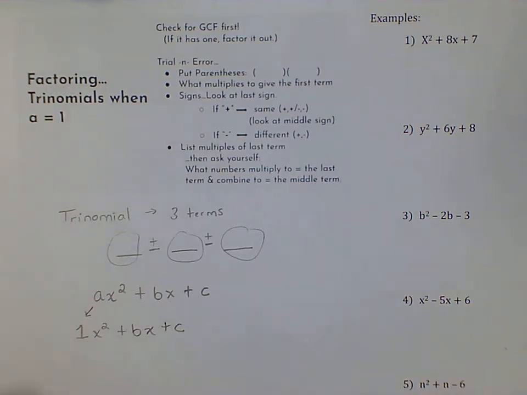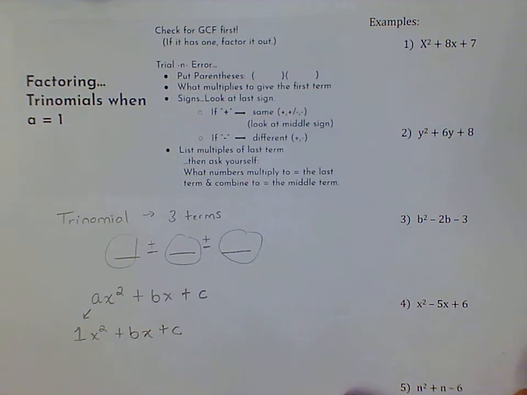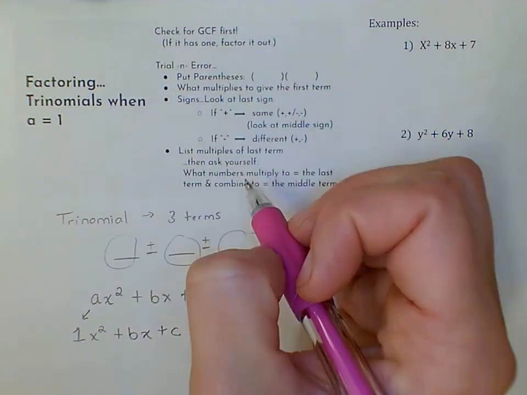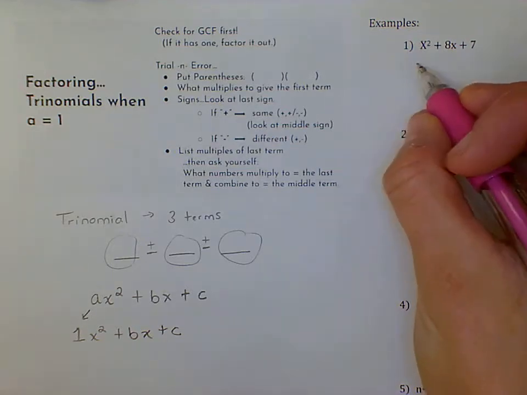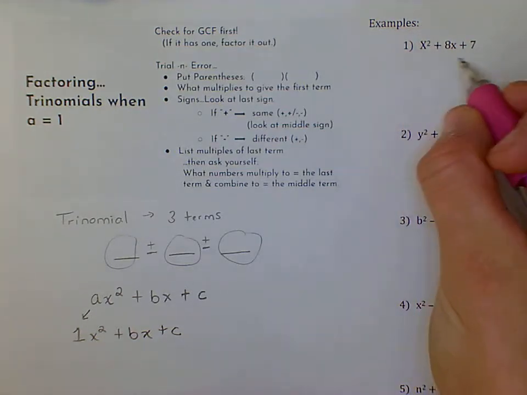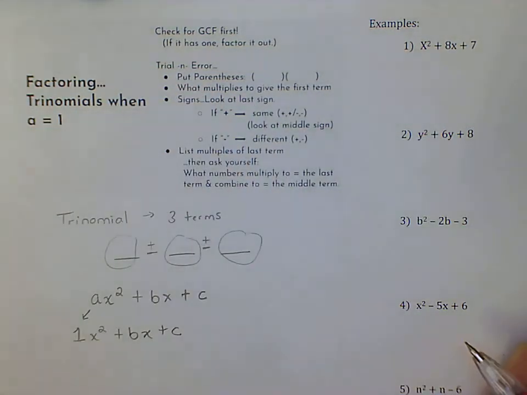Okay, so then how do you do that? So these were the notes that were in the slide that you just copied down. All I've done is I've copied them here, and we're going to go through them. So let's look at our first example here. Let's say that we had to factor that. Well, check to see, is it a trinomial, or is it like one of the problems that you did yesterday with the difference of perfect squares?